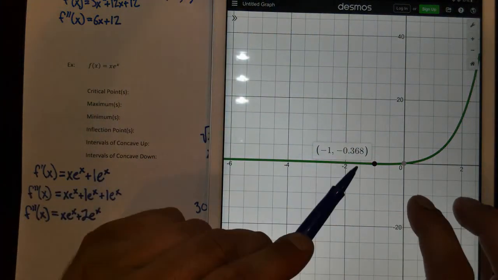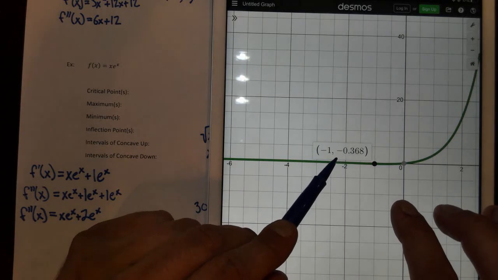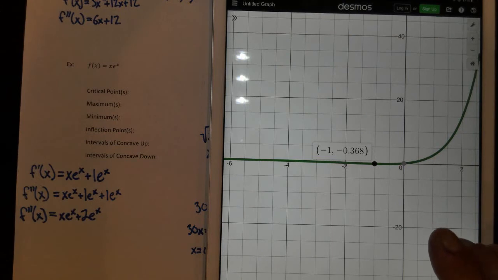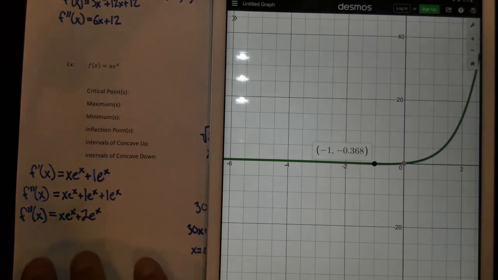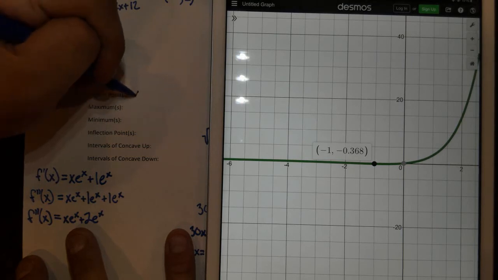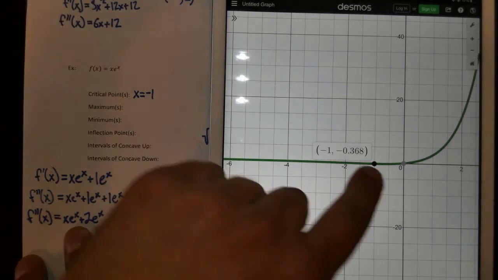Let's see, we have a critical point right here. The critical point is going to be at x equals negative 1. And let's see if it's a min or a max.